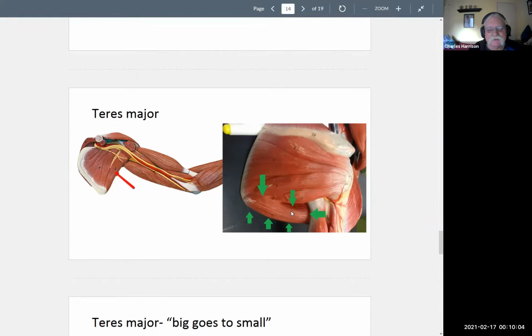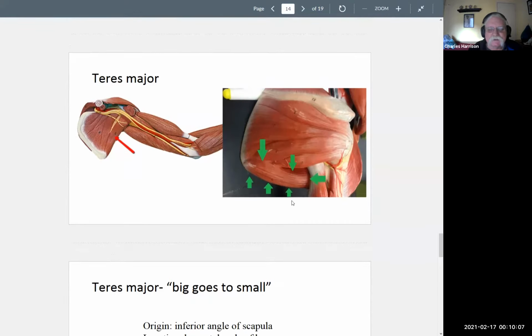The teres major and minor, it sounds like they should be doing the same thing. No, they don't. The teres major down here, the back of the scapula, actually helps to pull the humerus, just like the latissimus dorsi does.